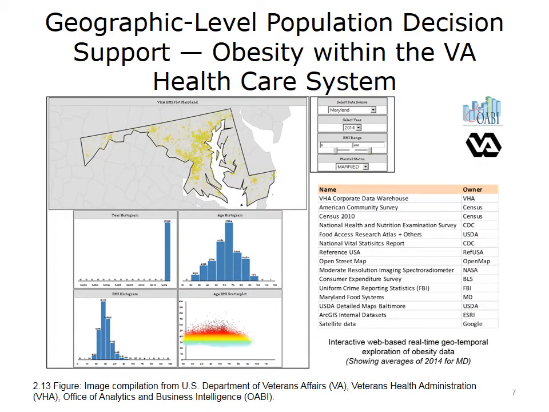In addition to trying to learn about this and help the VA plan nationally for intervention, CPHIT hopes to move toward a population decision support program. In this case, it would be for the healthcare system serving the veterans in Maryland, where Johns Hopkins is located.